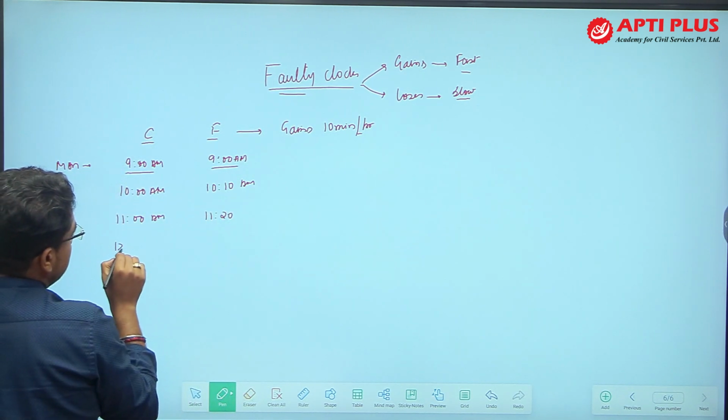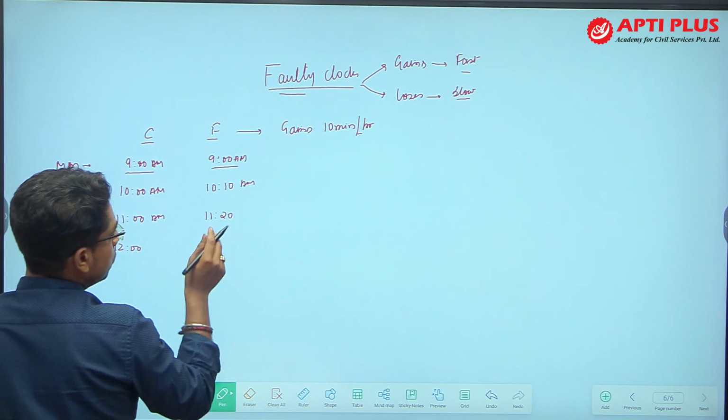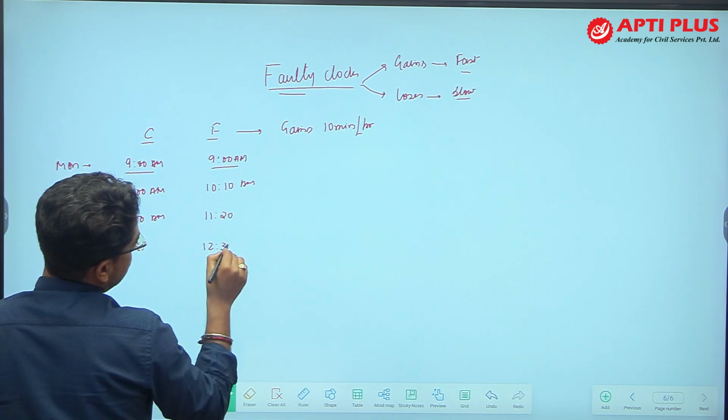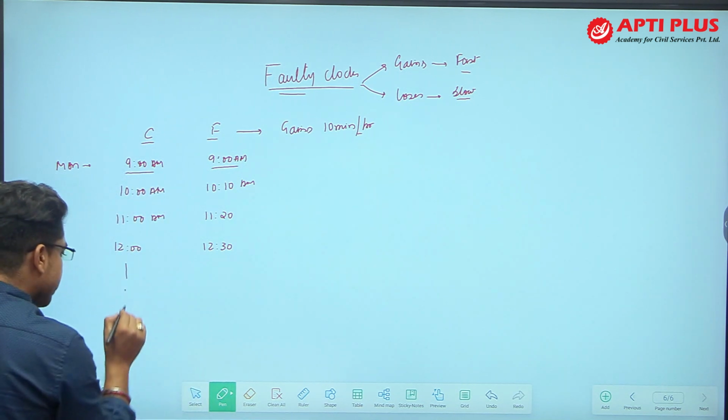Likewise, when the correct clock is 12, the faulty clock becomes 11:20 plus 1, that is 12:20, and then 12:30. So this way it will continue.